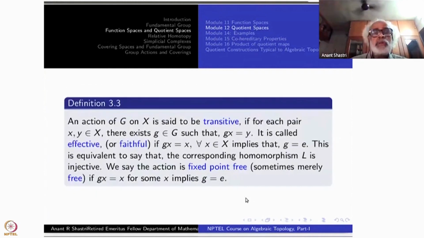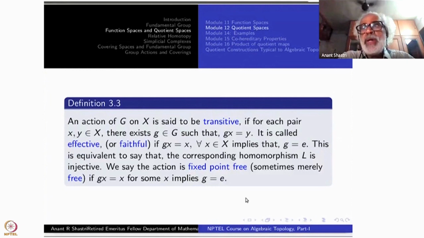Here are a few more terminologies. An action is said to be transitive if for each pair x, y belonging to X, there exists a g such that g of x is y.